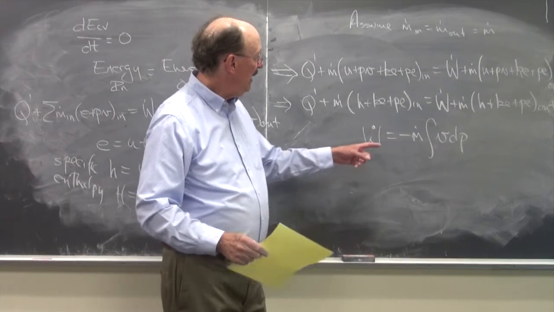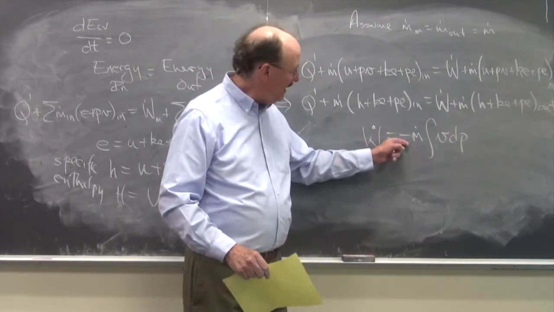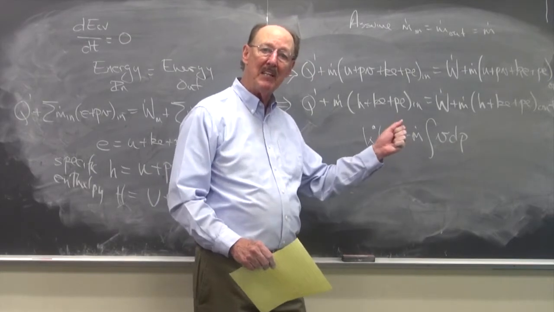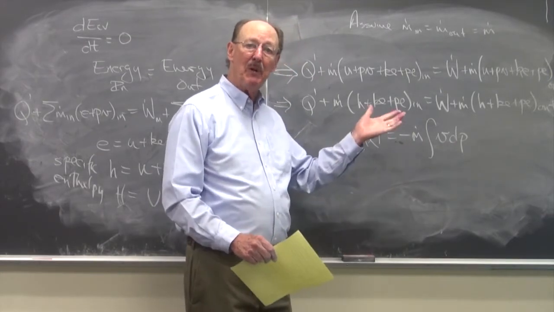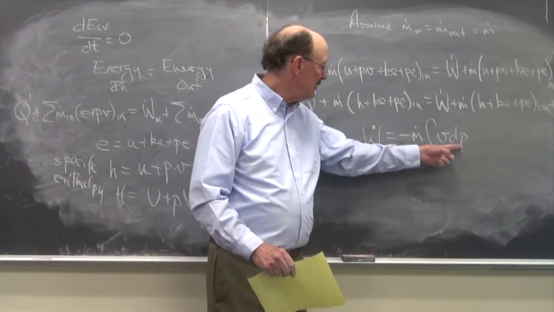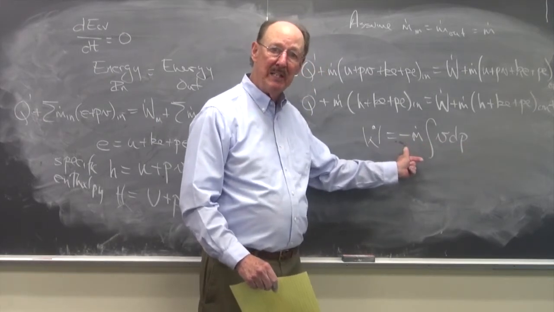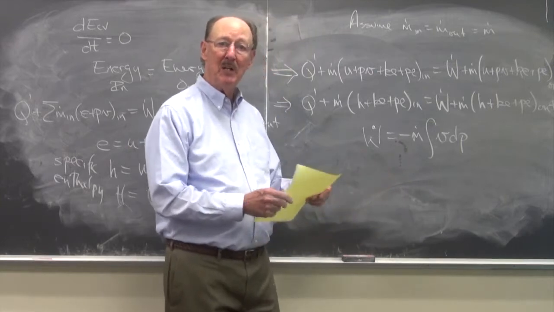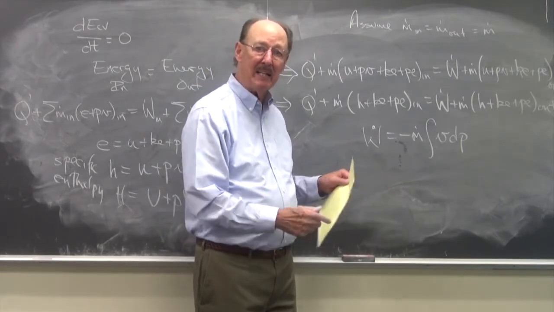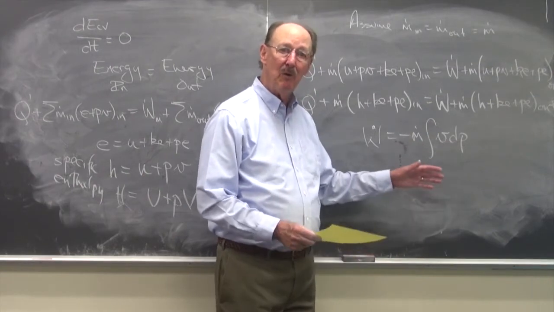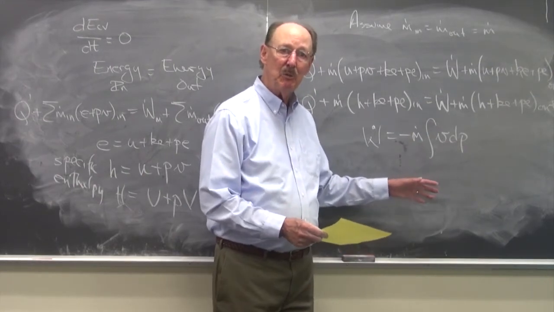If you notice the minus sign, if dP is increasing, such as when I'm putting work in and having it be a pump that increases the pressure, work goes in. So if dP is positive, I want it to be a minus because I'm putting it into the system. For a turbine where dP is negative and expanding, this will be a minus sign times a minus, which gives me a plus. And so thermodynamically, this equation works.